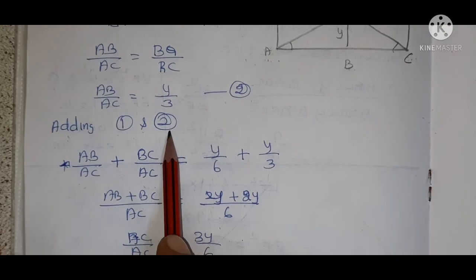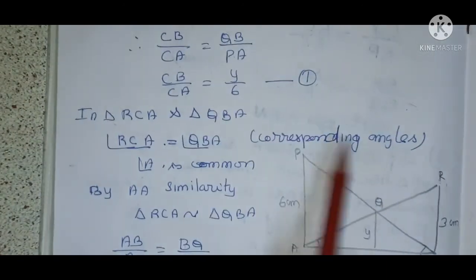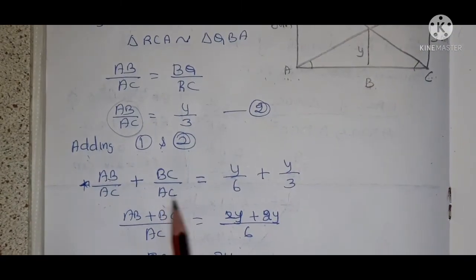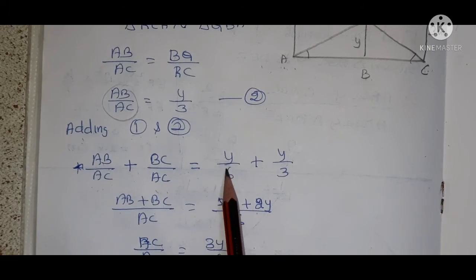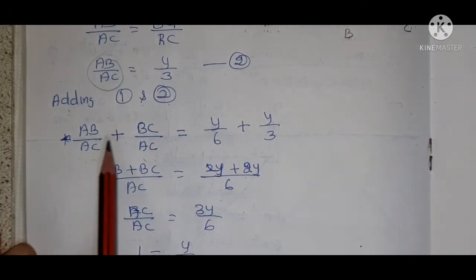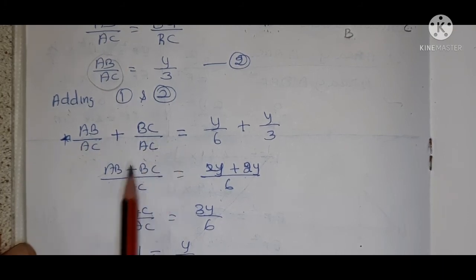Adding 1 and 2, AB by AC plus BC by AC is equal to Y by 6 plus Y by 3. Denominators are equal, so numerators are added.